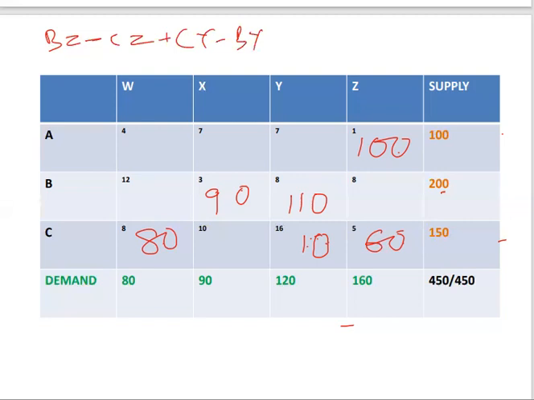It should be 8 minus 5 plus 16 minus 8. So what would that give us?